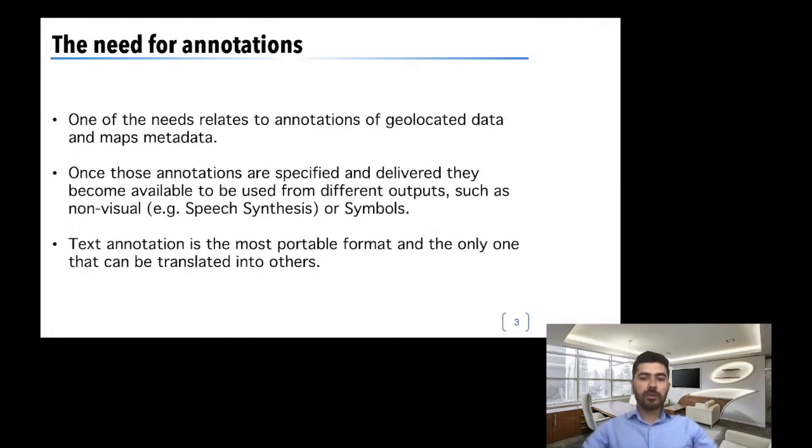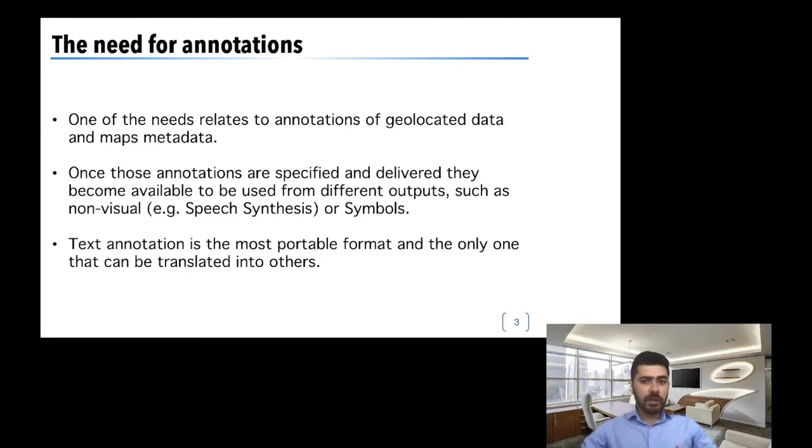We talk about annotations of geolocated data and maps metadata. Why are they so important for accessibility? Because once those annotations are specified and then delivered, they become available to be read by machines or by humans for different outputs, such as non-visual outputs like speech synthesis or like symbols.